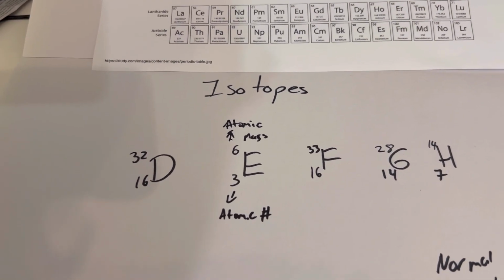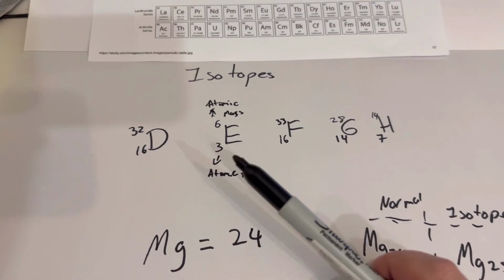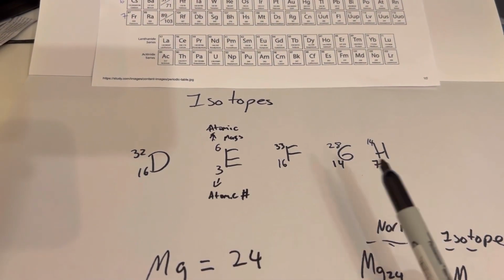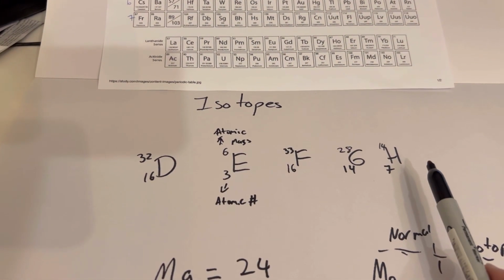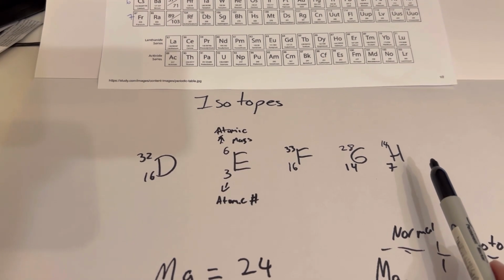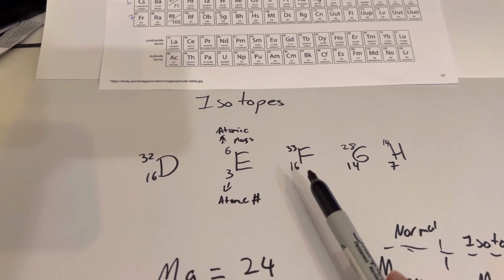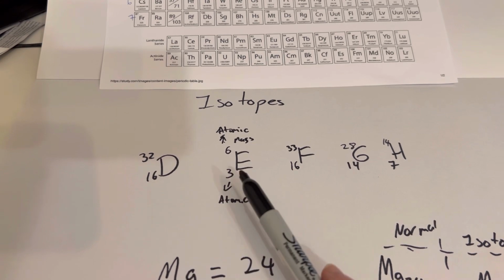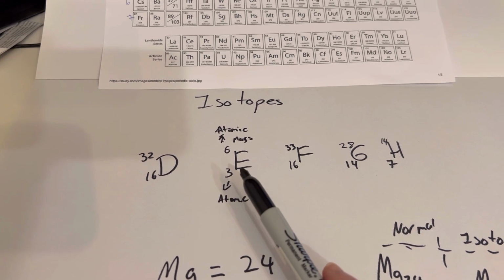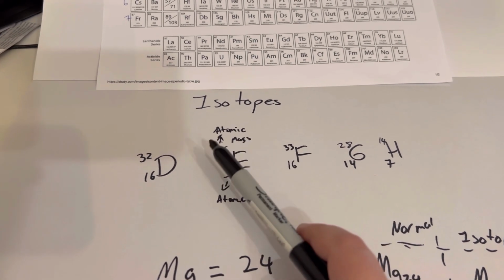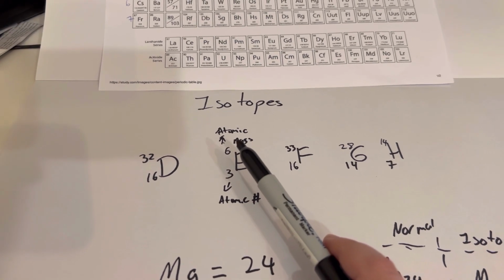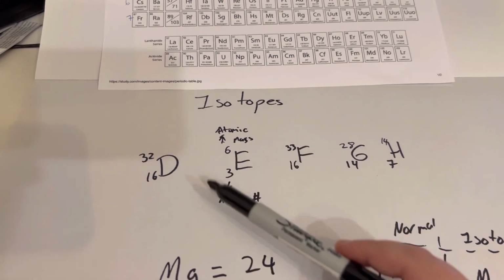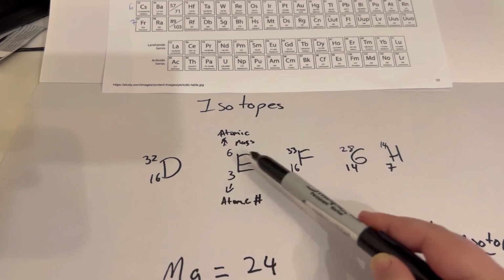Once you have done so, you can then identify which one of these is an isotope, because it will have the same atomic number as its counterpart, but a different atomic mass. Now, from that information, you should be able to identify what this element is, like we did here.